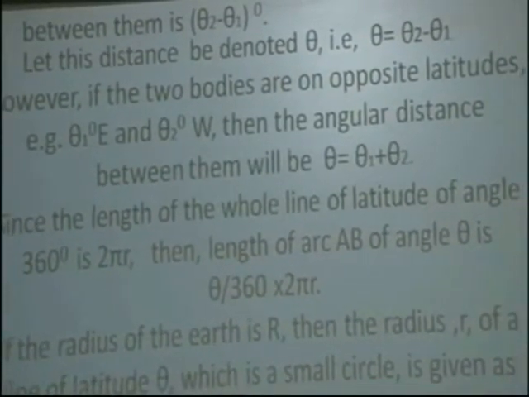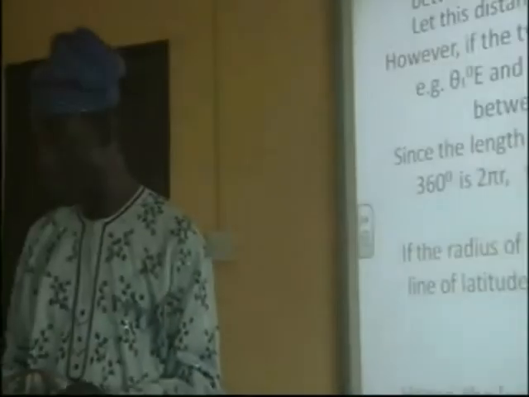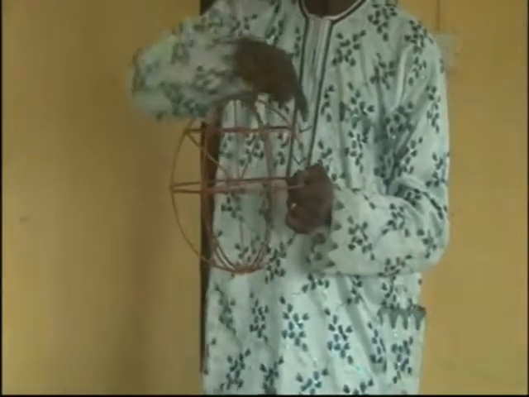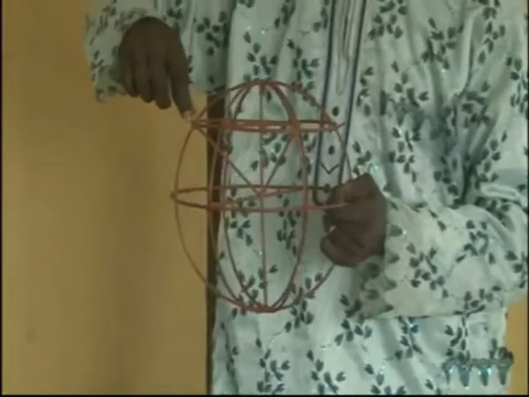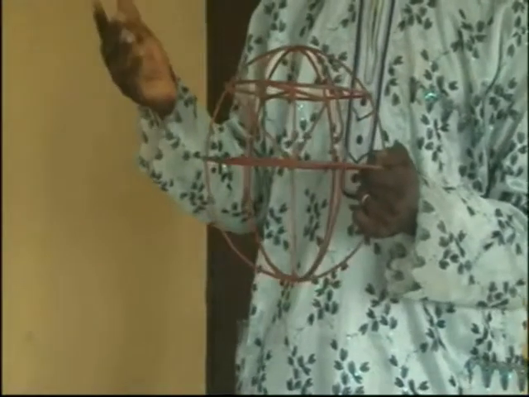Say the length of the whole line of latitude has an angle. What's the angle of the circle? 360 degrees. So the whole circumference is 360 degrees. If 360 degrees is for the whole circumference, what will the part between them, which is theta, be? We just use simple mathematical manipulation. 360 degrees equals 2 pi r.